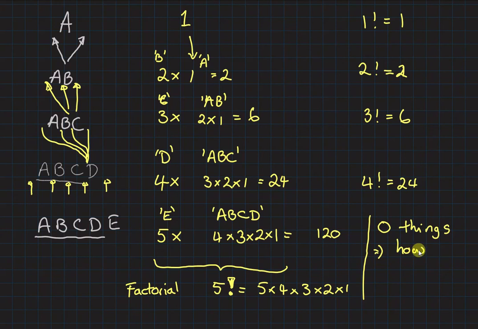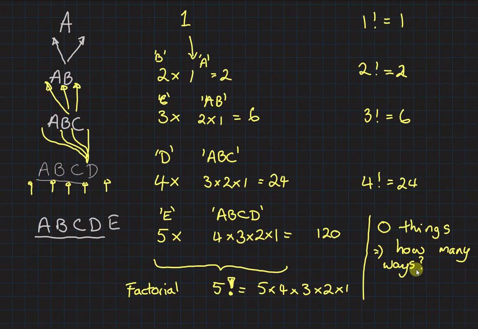How many ways can that be arranged? And there's a logical but slightly surprising answer to it. Well, you can't say none, because that's not an arrangement. You could have an arrangement of empties.